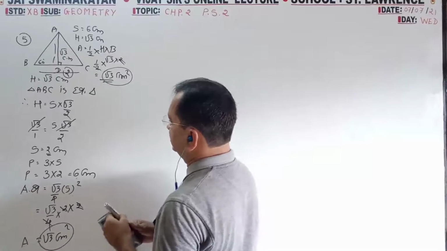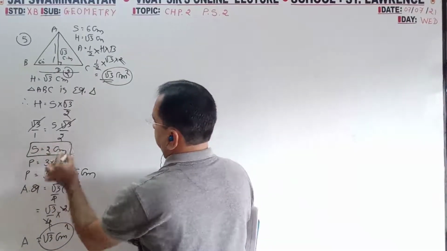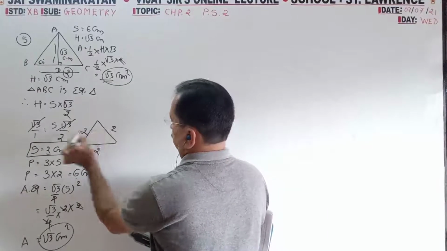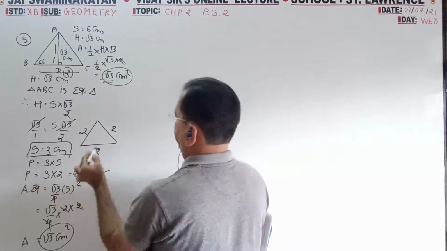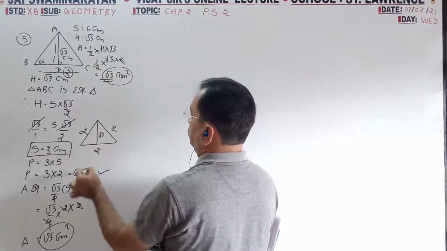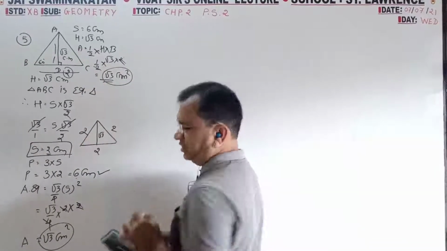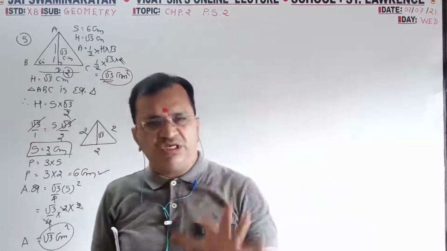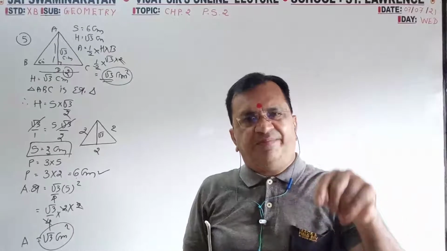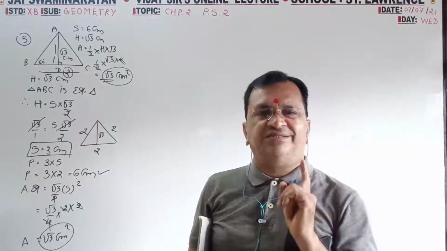So side is 2, so it is 2, 2, 2. So total perimeter is 6. And height is root 3. Root 3 into 2 into half, so only root 3. So height is root 3 centimeter. Area is root 3 centimeter square. Correct? Side is 2.